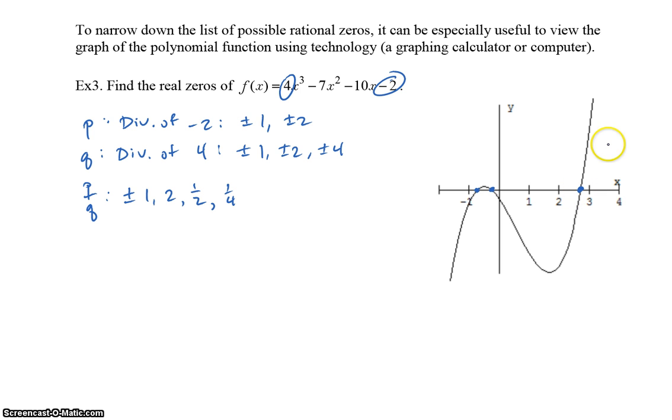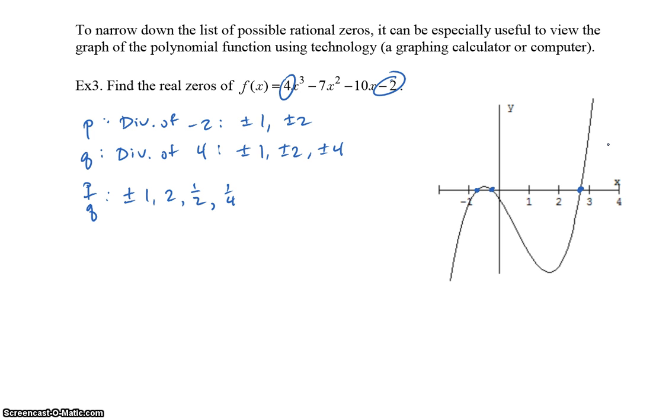And let's see if any of those x-intercepts match any of the numbers in our list of possible rational zeros. Let's look at the positive ones: 1, 2, 1/2, 1/4. You can see really none of those appear to correspond to any positive x-intercepts. There's a positive x-intercept between 2 and 3, but it's definitely not any of those numbers that we see there.